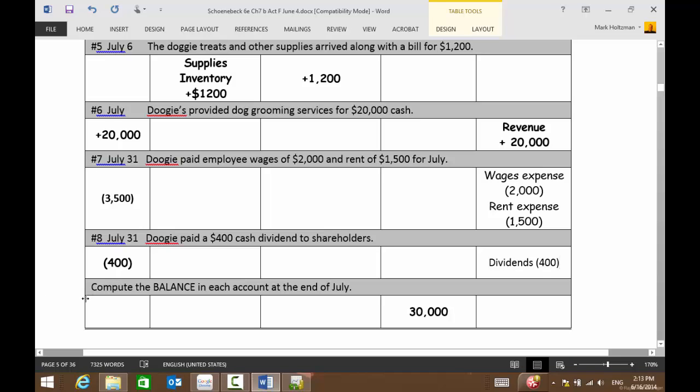Now, if you add all this up, assets is going to add up to $25,700. Other assets will add up to $21,600. Accounts payable is $1,200.